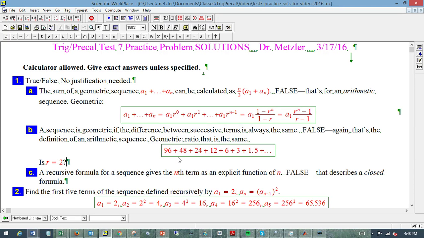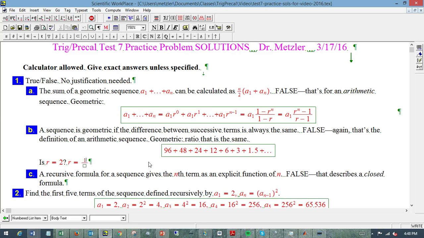Because after all, 96 over 48 is 2, 48 over 24 is 2, 24 over 12 is 2. But, pause it if you don't want the answer. R here is 1/2. It's really important that it's the ratio of a term to the previous term. It's what you need to multiply the previous term by to get the next term. So it's the progression. This is an r equals 1/2. So this is a decreasing geometric sequence.